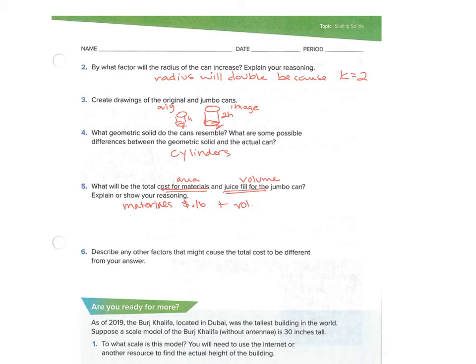So let's figure that out for a second. My image volume would be k cubed, or 2 cubed, sorry. My k cubed, my k is 2, times my original volume. And your original cost to fill the can was 27 cents. If you need to flip your page back, you can. But you'll see that we underline the 27 cents and call it my original volume.